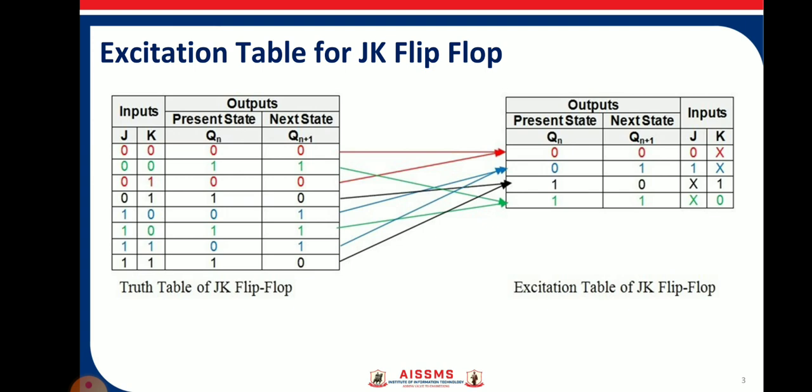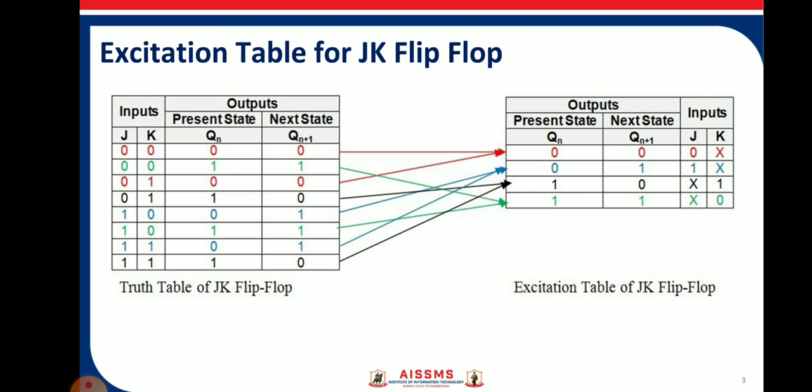Next, if JK equals 0 and 1 respectively and the present state is 0, the next state will be 0. That means if the inputs J and K are 0 0 or 0 1, then the output is always 0. And vice versa, if J is 1 and K is 0, the next state will be 1.